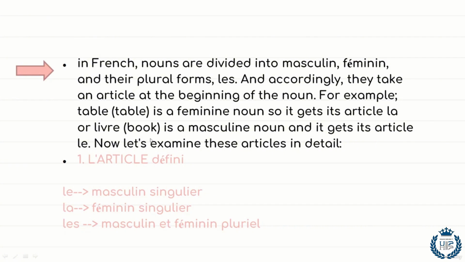Or livre, which is book in English, is a masculine noun, and it gets its article le. Now, let's examine these articles in detail. So we said le is masculine singular, la feminine singular, les is masculine and feminine plural.